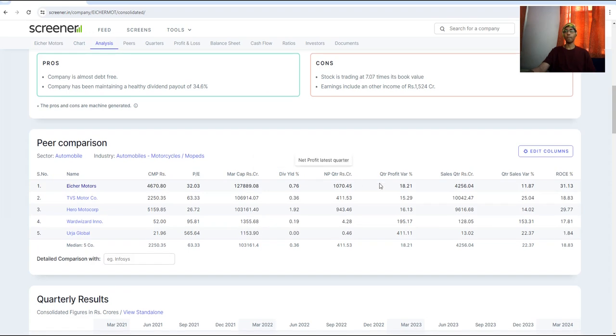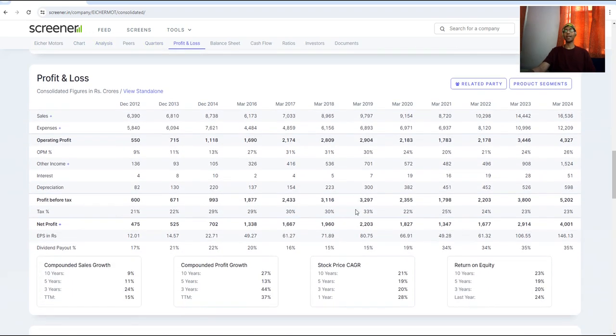And the interest it has paid in 2024 is 51 crores. So on 419 crore of debt, it seems to have paid 51 crores of interest. So we can measure the interest rate, or the cost of debt, from it.